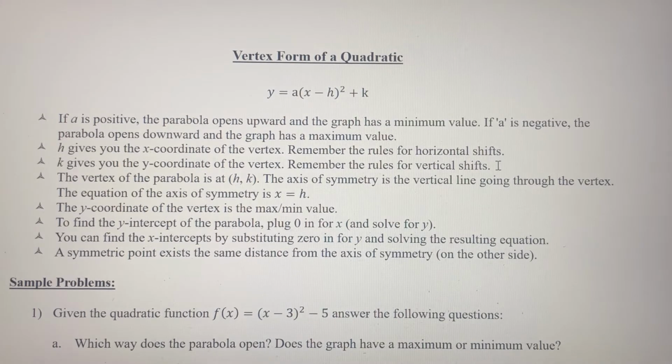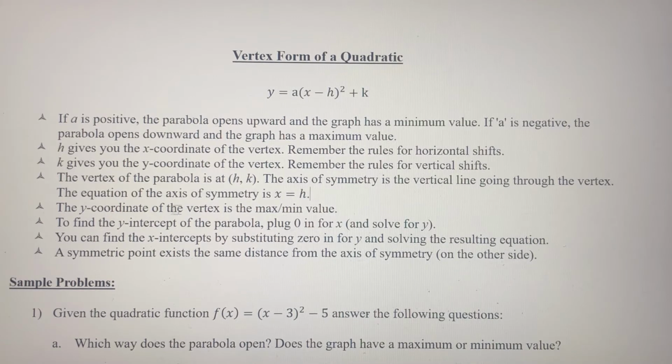Now, if you've already learned how to graph using transformations, you can think about those in terms of horizontal and vertical shifts, okay? So that's going to give us the vertex of the parabola at h comma k, all right? And the axis of symmetry is going to be the vertical line that goes through that vertex, and that equation is going to be x equals that x-coordinate, in this case, h, all right?